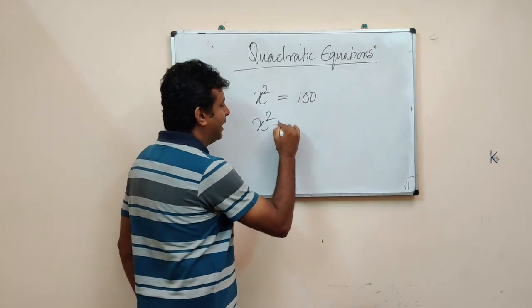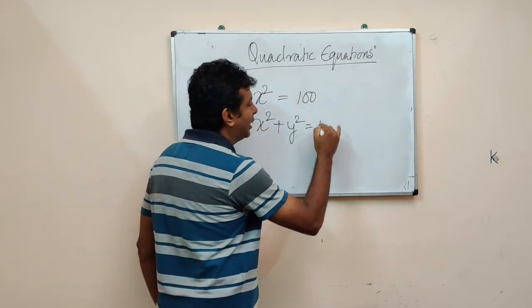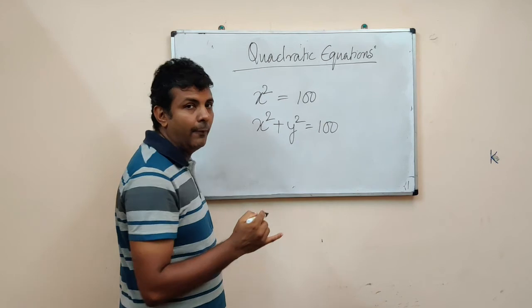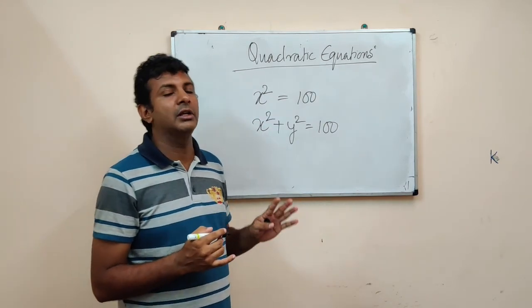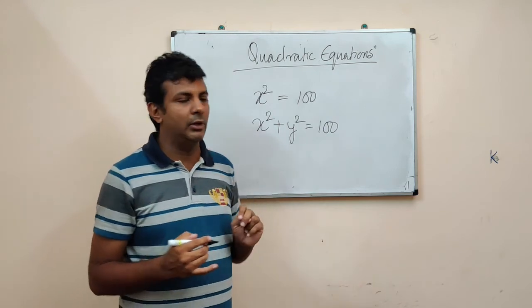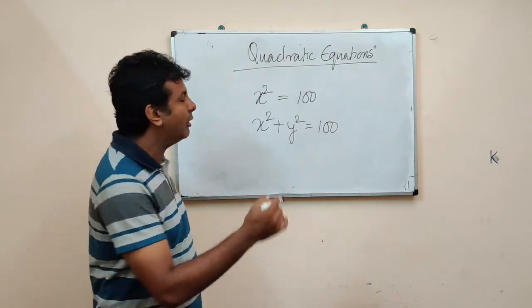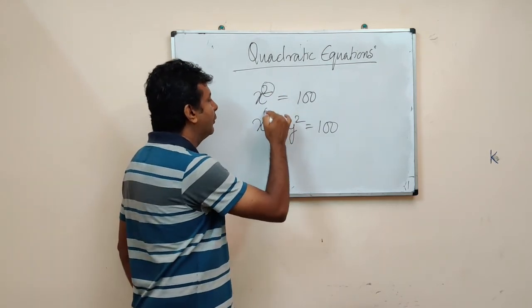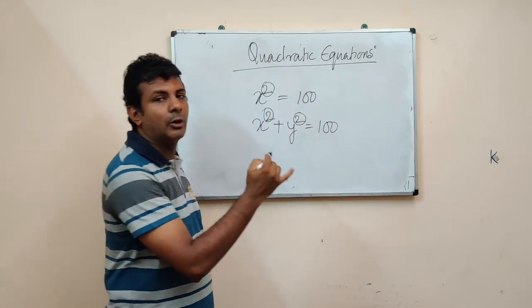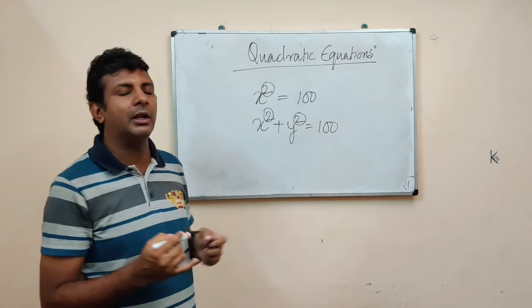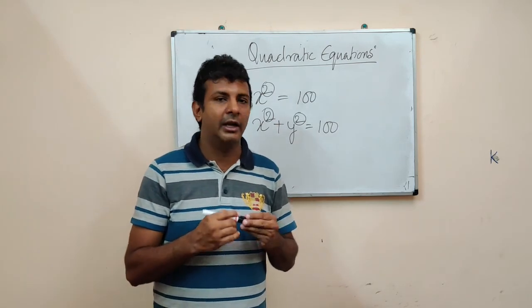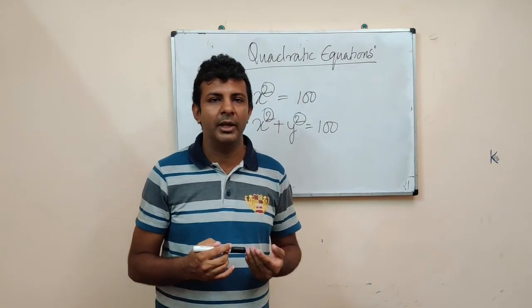And look at this, x square plus y square equal to 100. This is a quadratic equation in two variables, x and y. Note that the power of the variables in these equations is 2. If you were to plot these equations in a graph, it would no longer be a straight line.